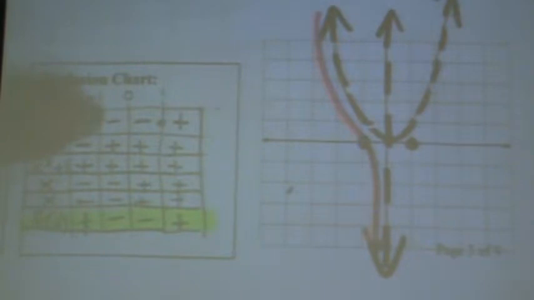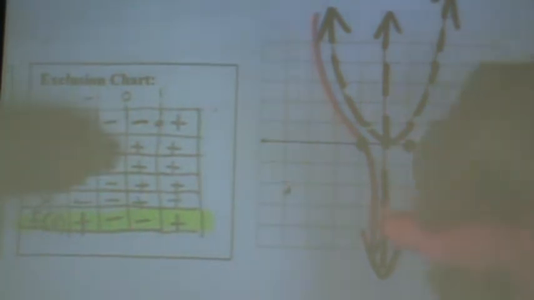Then from -1 to 0, it says we're in the negative region. But we've got an asymptote, so we want to get close to that. Now from 0 to 1, we're in the negative region.